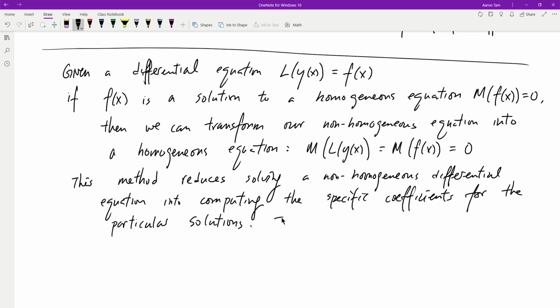And this method is called the undetermined coefficient method, because we're basically looking for those specific coefficients.